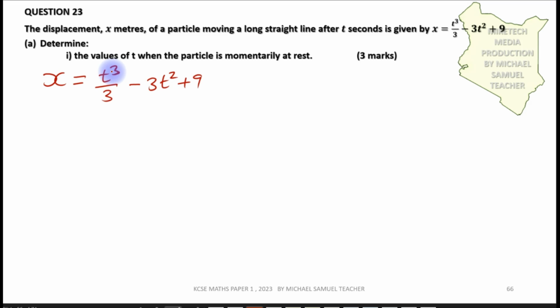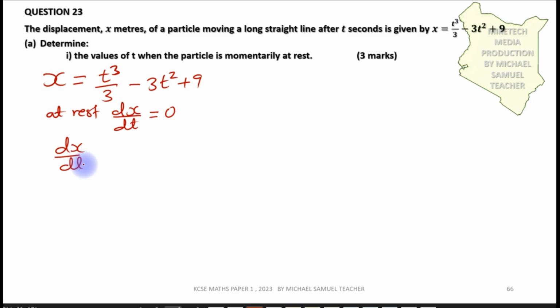What we need to know is that when the particle is momentarily at rest, then the gradient function, that is the differentiation of displacement with respect to time, is actually equal to 0 at rest. It is 0, or we say at the turning point, that's at the maximum height.